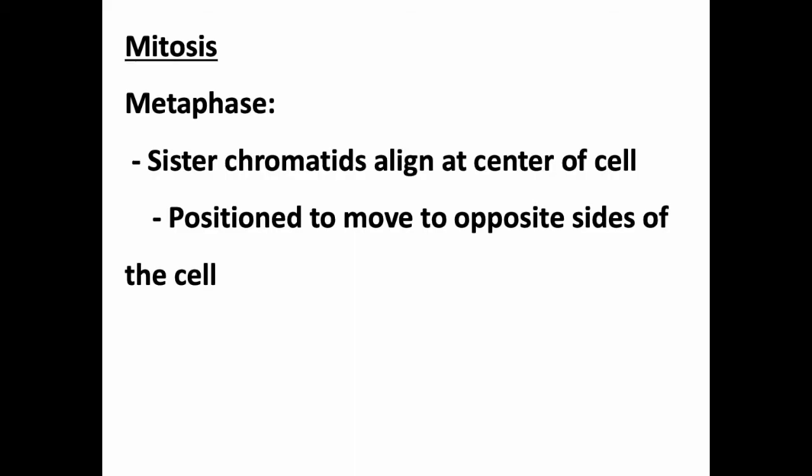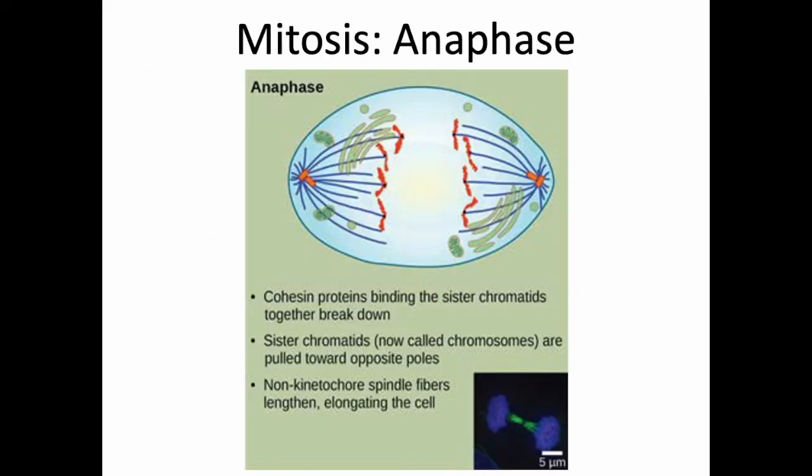Now we finally do what we know is going to happen the whole time. They're pulled apart and go to those opposite sides. So this is anaphase. These sister chromatids are broken apart as these microtubules shorten, moving all these chromosomes either to one side or to the other side.